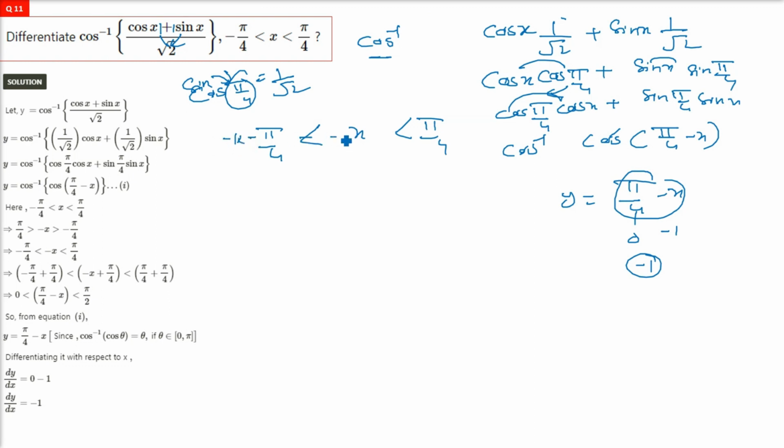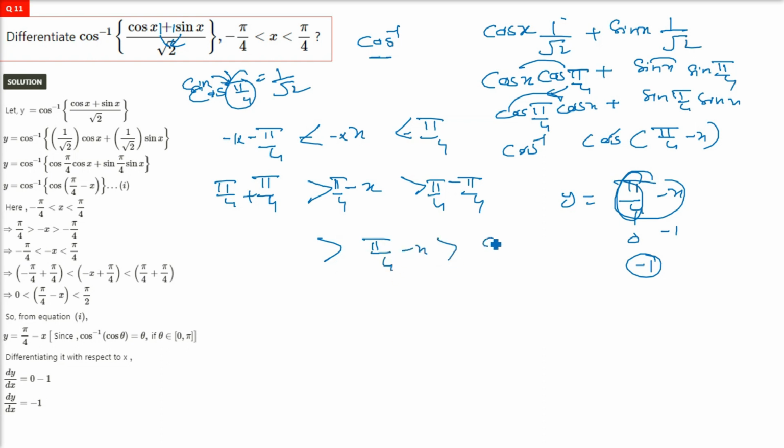Multiply by negative all the way. And whenever you multiply by negative, the inequality sign changes. It's going to be negative x. Here you have negative pi by 4, here you have pi by 4. Now just add pi by 4 everywhere. Here also you add pi by 4. So you have pi by 4 minus x, and this is 0, this is pi by 2.